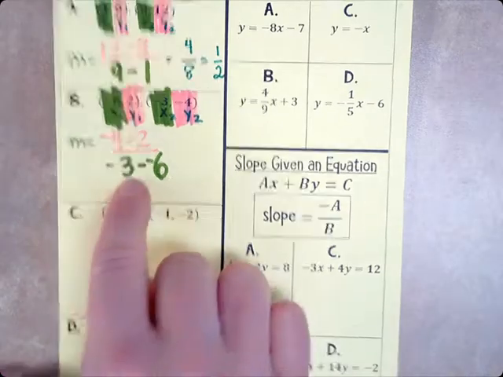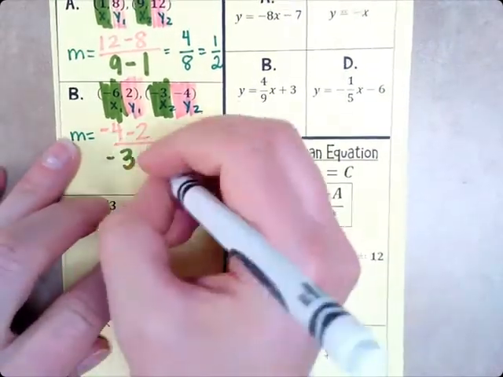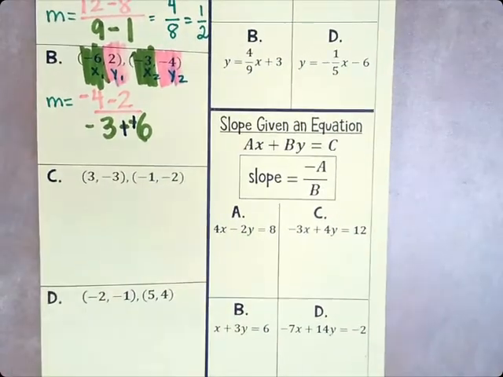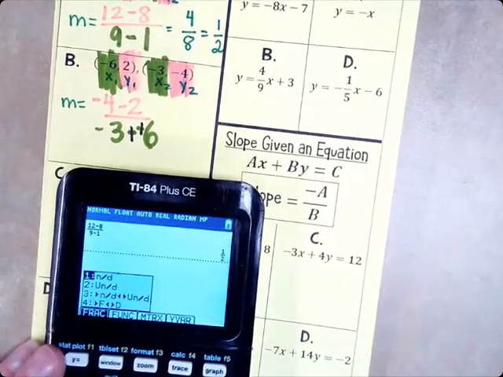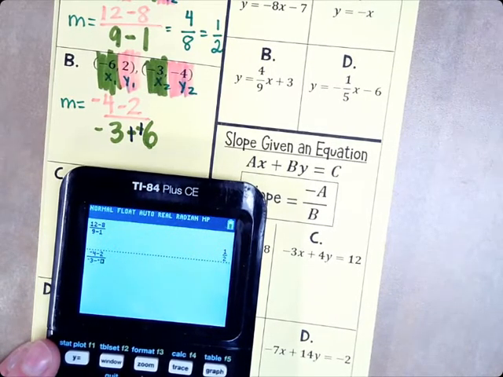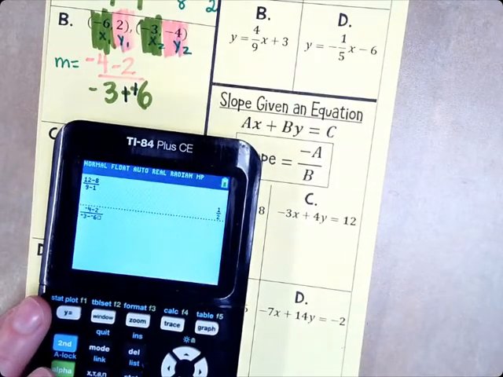If you want to put this directly into the calculator, you can. Or if you know that you keep, change, change, then you can go ahead and do it like that. If you're not confident, just put it in the calculator: -4 minus 2 over -3 minus a -6. Or you can change that to -3 plus 6.